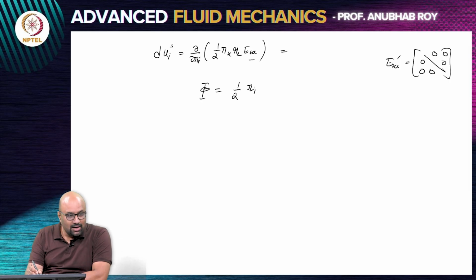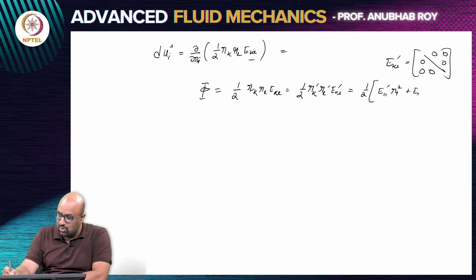So, the scalar, which was earlier r_k r_l E_kl, is now going to become r_k prime r_l prime E_kl prime, and this turns out to be half of E11 prime r1 squared, E22 prime r2 squared, E33 prime r3 squared.